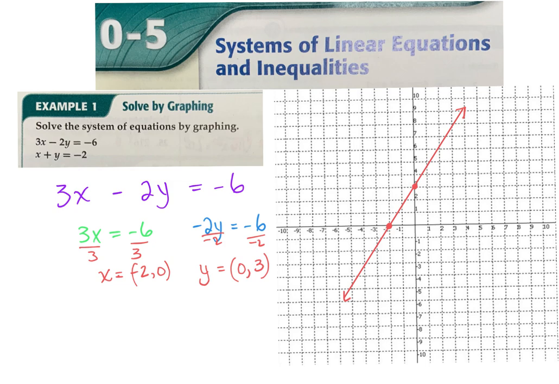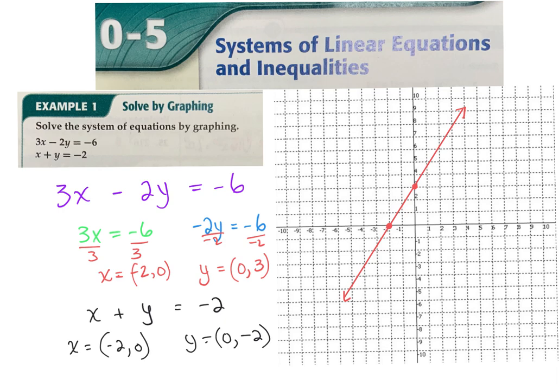Let's look at the next line. The next line is x plus y equals negative 2. Well, this is really simple when you zero out one because you don't have any coefficient. If I zero out the y, I get x equals negative 2. Remember, it's a point. I zeroed out my y. If I zero out my x, I get y equals negative 2. It's a point, so my x value there is 0.